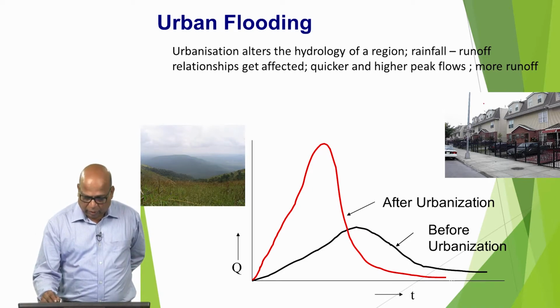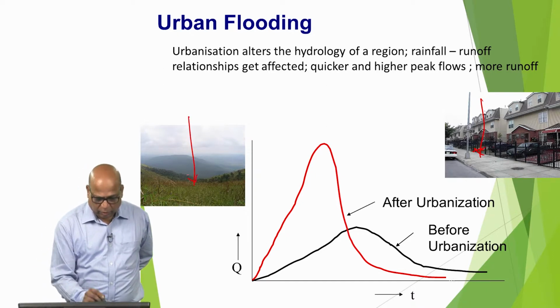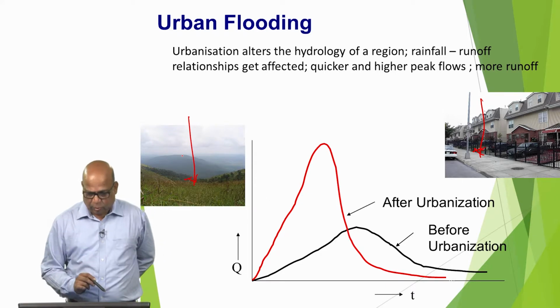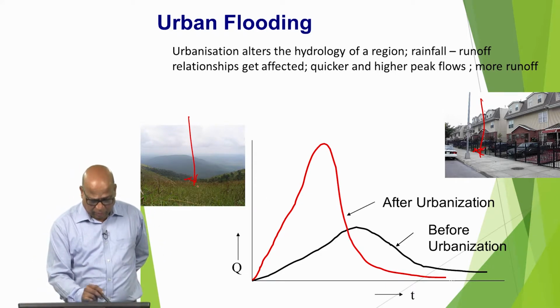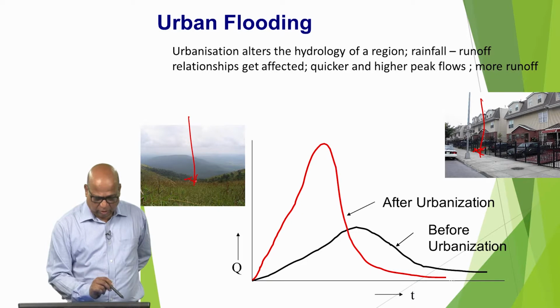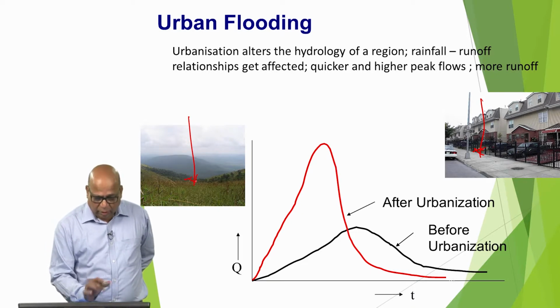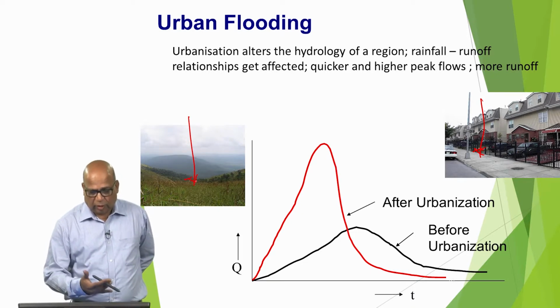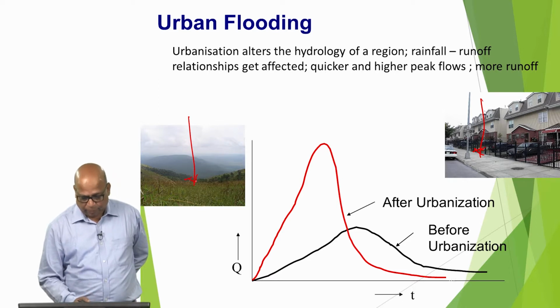For example, as I said, this is an urban area and this is a pristine watershed. The same intensity happens in both of these. The response of this will be much smoother, much more sluggish, in the sense that it will generate runoff at a much slower pace.